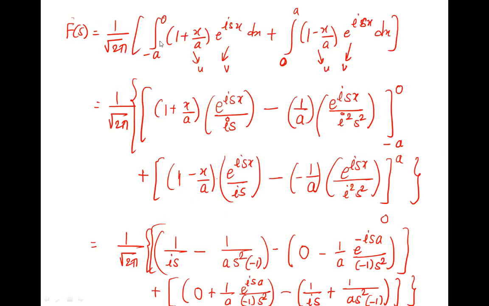It is equal to, Fourier transform is equal to 1 upon root 2 pi. Just check the terms and tell me. First is 1 upon is, minus minus becomes plus, plus 1 upon a s square.